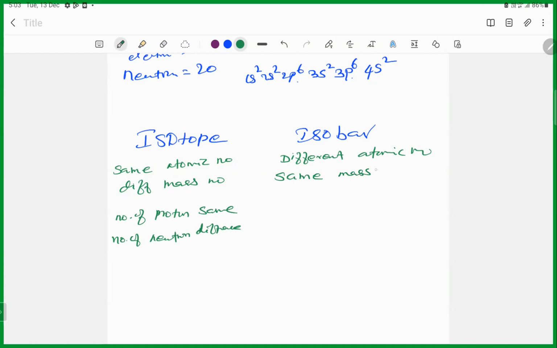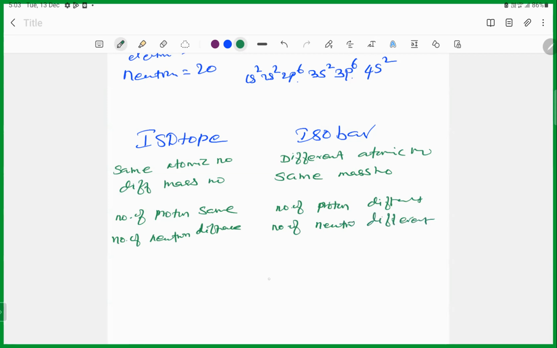That means the number of protons is different. And the number of neutrons, sir? The number of neutrons is different, sir, because the mass number is same.